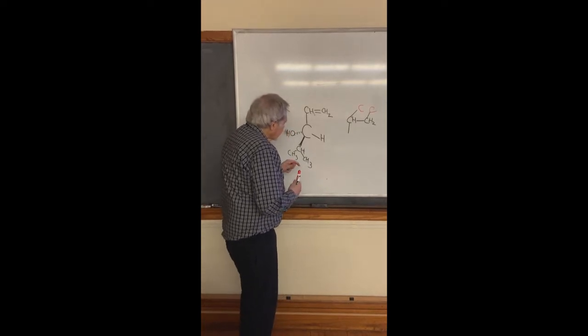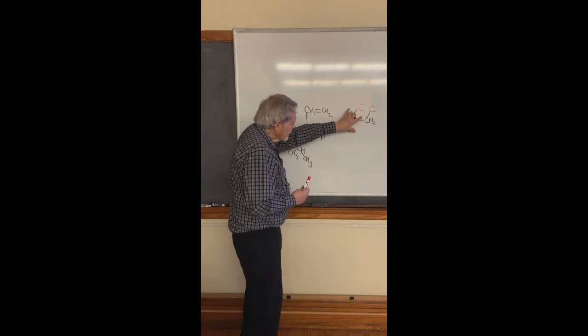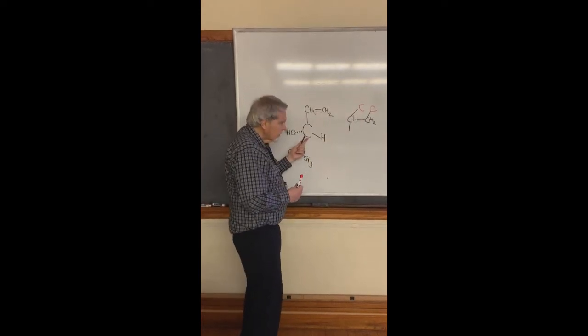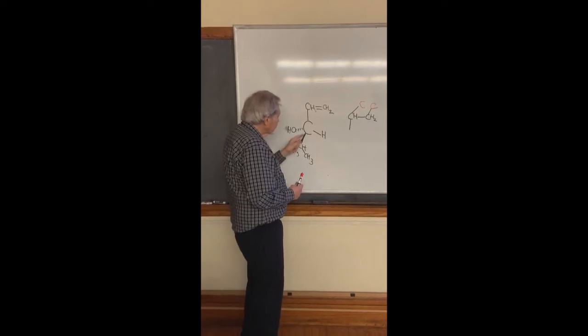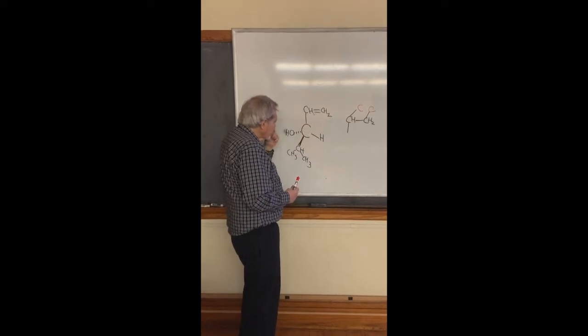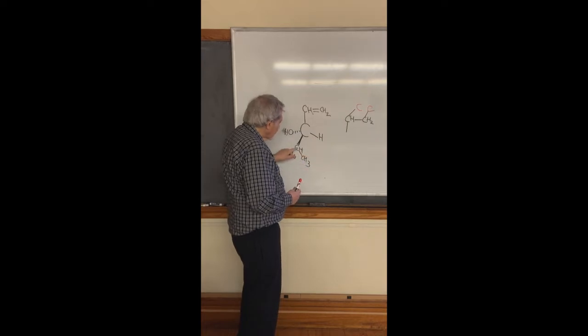So we're not going to look at this anymore. We really will look at this redrawn structure. Attached to the chirality carbon is a hydrogen, a hydroxyl, the isopropyl group, and this vinyl group. You look at the first attached atom: oxygen, carbon, carbon, hydrogen.